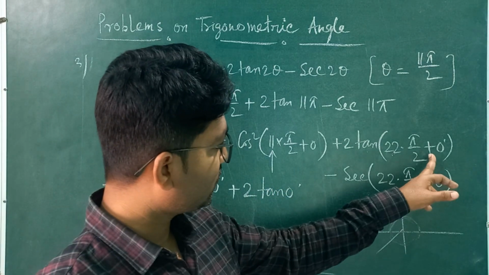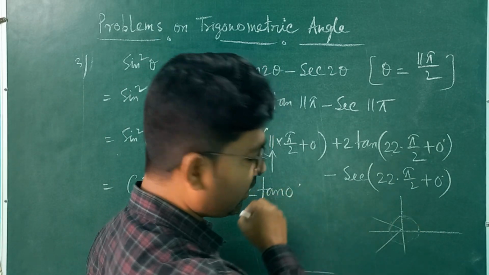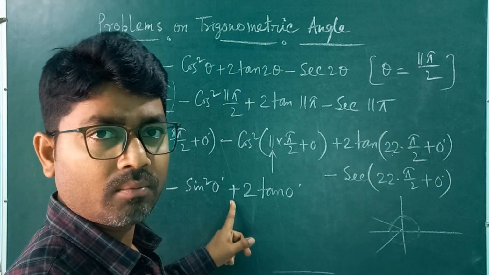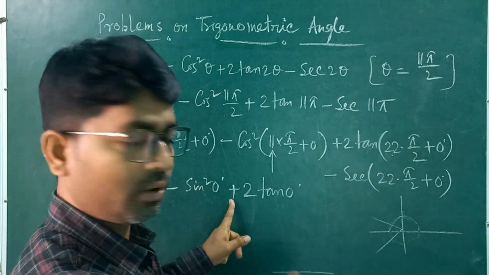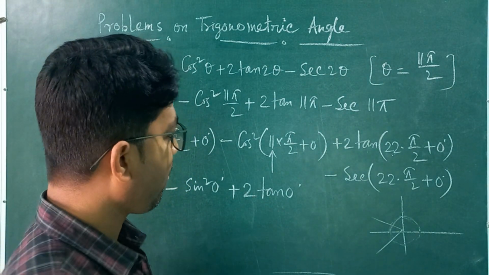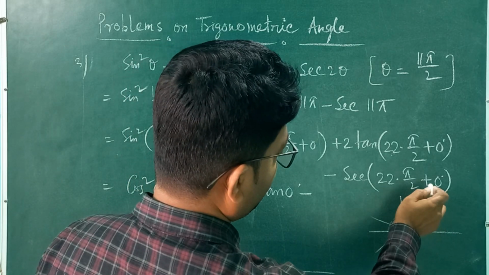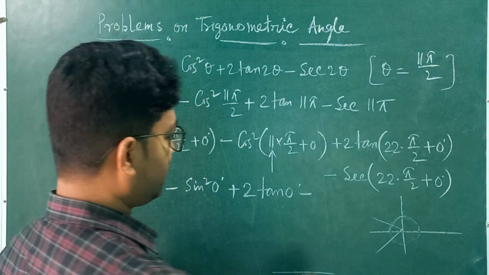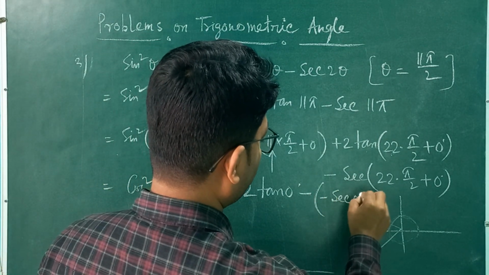Anyone can say, if I take minus 0 degree, the angle is in the second quadrant and the sign will be negative, but the result will not be affected, because the value of tan 0 is 0. Whether this is plus 0 or minus 0, the result will not be affected. Minus sec, this one also, as I take plus 0, this is the third quadrant, in the third quadrant sec is minus, so another minus sign, this one sec 0 degree.